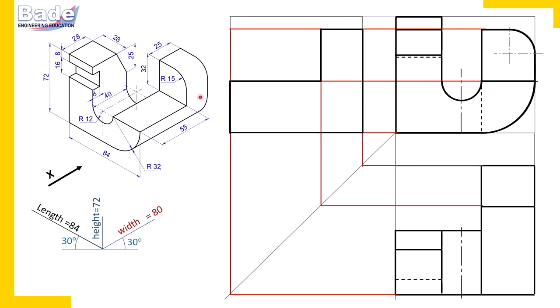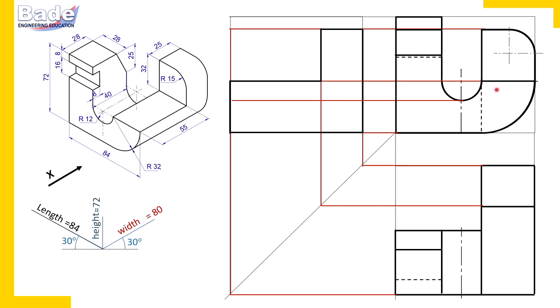And because this upper portion and lower portion meet tangentially, there should not be any edge here. So this is how we have completed that shape. Now let's continue. Semicircular slot, its end projectors now I have drawn.